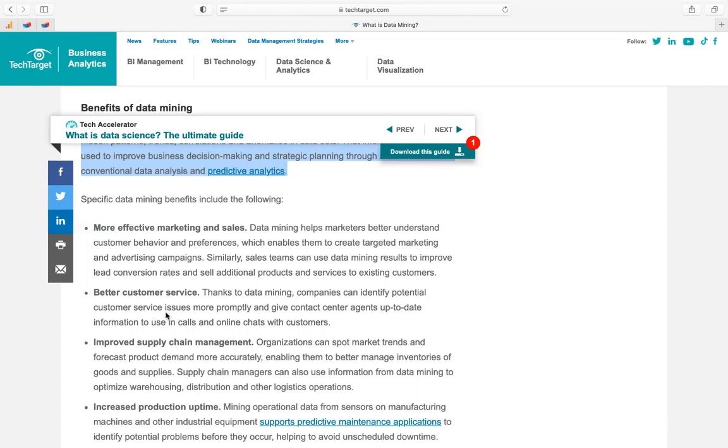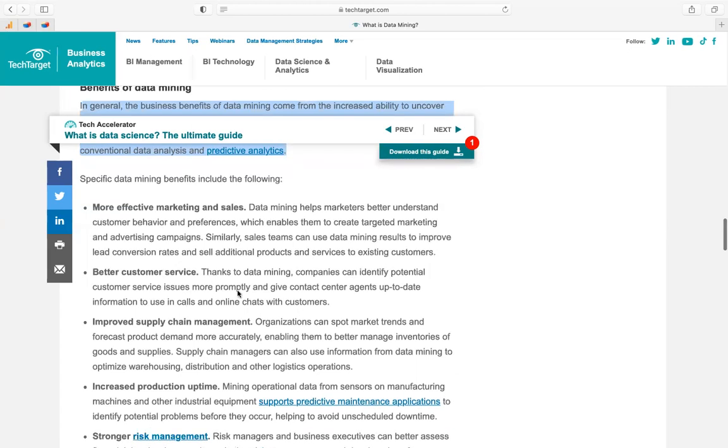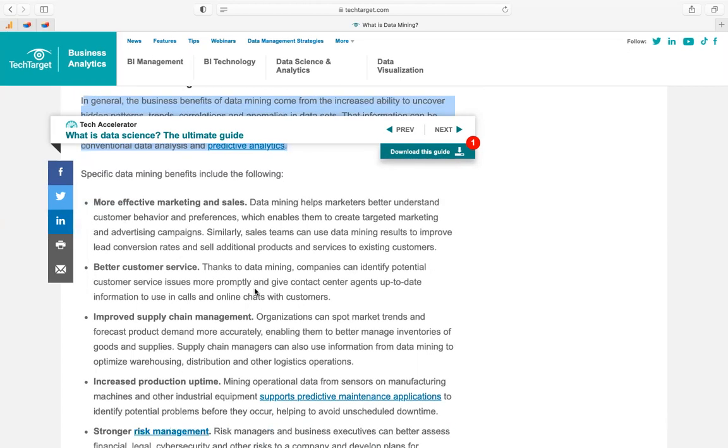Okay, so sales of products, yes, and better customer service. Data mining also helps you to identify potential customer service issues more promptly and gives contact center agents up-to-date information to use in calls and online chats with customers. In various businesses, we have customer support centers.